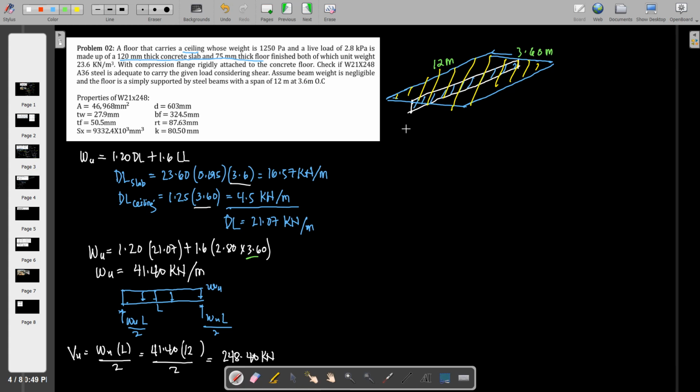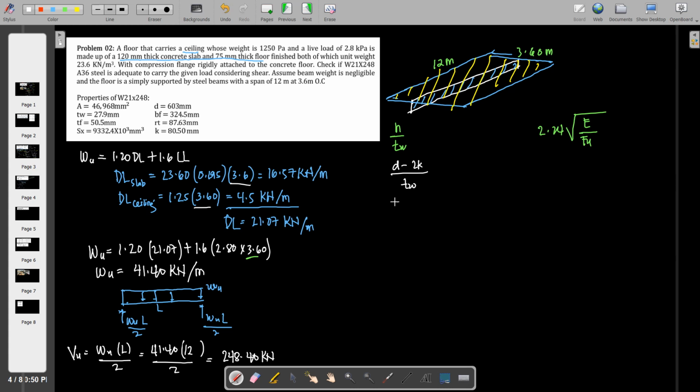Now, the next thing to do is we check this and then compare it to value 2.24 square root of E all over Fy. So, ano yung ating H? H is D minus 2K over TW.